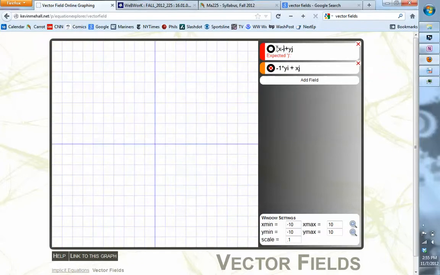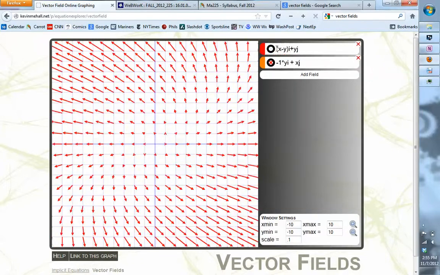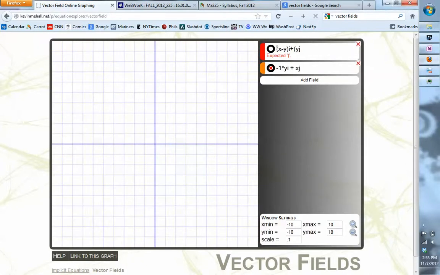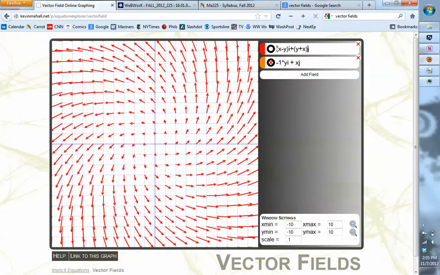That would be x minus y here and y plus x here. You have to play around with these to get some real intuition, but that's essentially what's going on there.